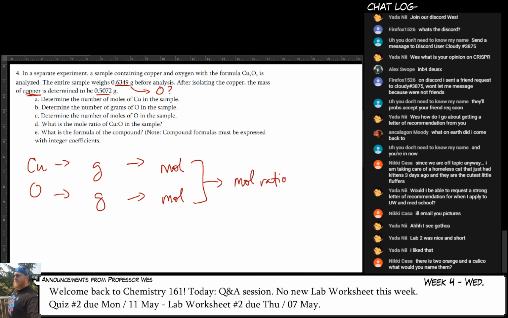Two orange cats and a calico cat. Oh, man. So my calico cat was named Hazel. I didn't name her that. That was the name that she had when I adopted her from a friend, and I adored Hazel. I don't really know a good calico name.